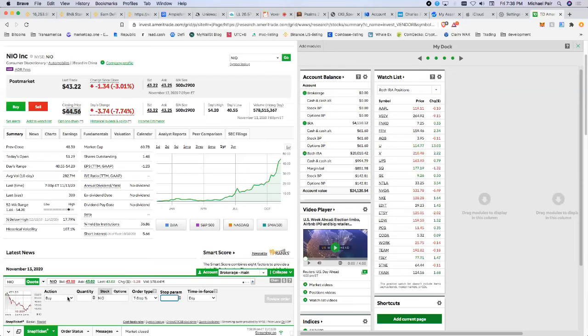So those are the main order types that you have. Again, you have a market order. That's going to get it as quick as possible. You have a limit order saying that I want to buy or sell at a particular price. You have a stop. Typically, I only use stops when I own a stock already and I want to protect profits. And I say if it goes below a certain level, or say you bought the stock at $44.56, and you say, you know what, if this stock goes below $40, I want to sell it.